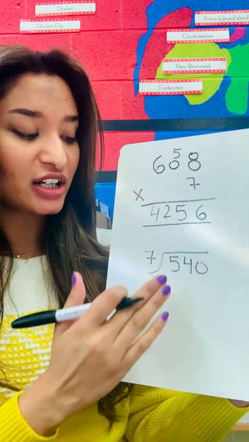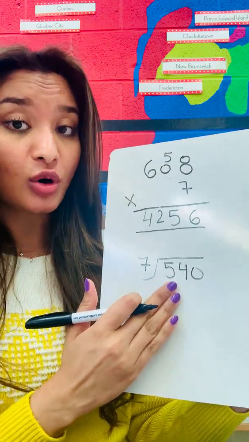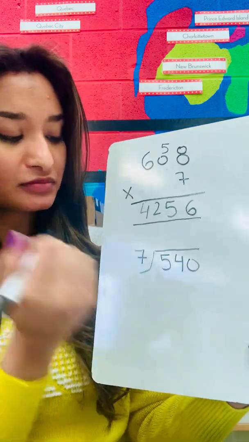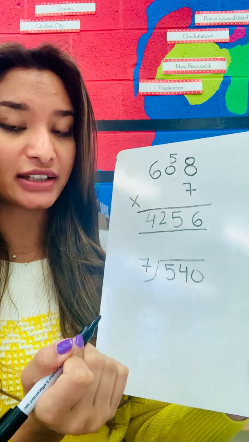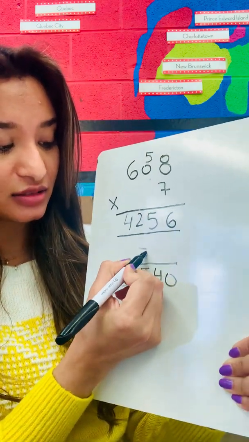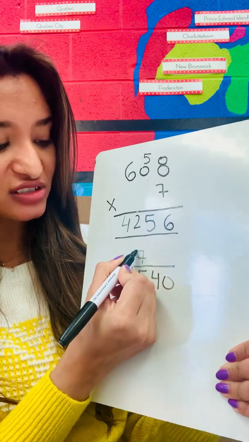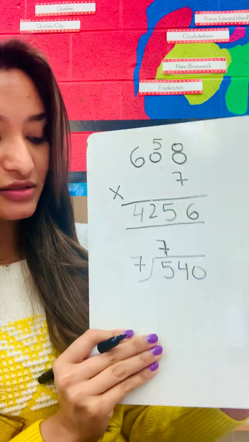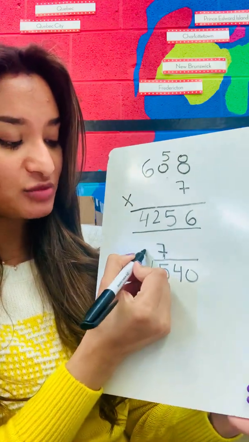The number smaller than 54 in the 7 times table is 49. How many 7s give me 49? 7 7s give me 49. I hope you can see my marker is kind of running out of ink.